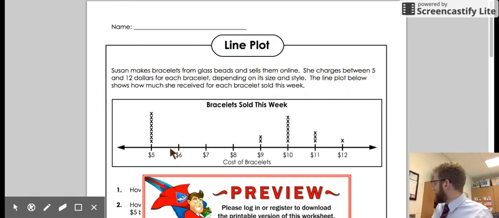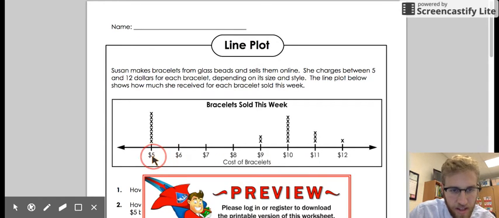Looking at question number 1. It says, how many $5 bracelets did Susan sell this week? So our first thing to do is look at, okay, where are the $5 bracelets? Here they are right here. And it wants to know how many bracelets, not how much money, but how many bracelets were sold.